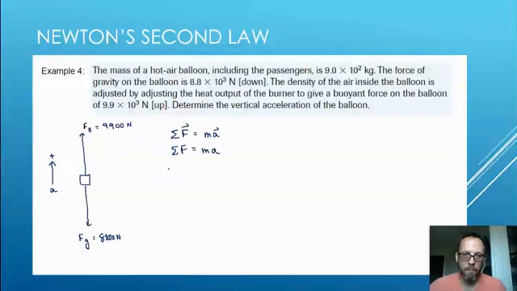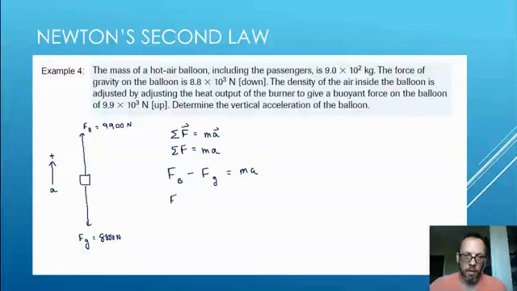Well, I have my buoyant force, which I have in the positive direction, so I'll put positive FB. And I have gravity acting in the opposite direction I've chosen as positive, so I like to throw that in as minus Fg. So my sign convention here takes care of its direction. Equals mass times acceleration.